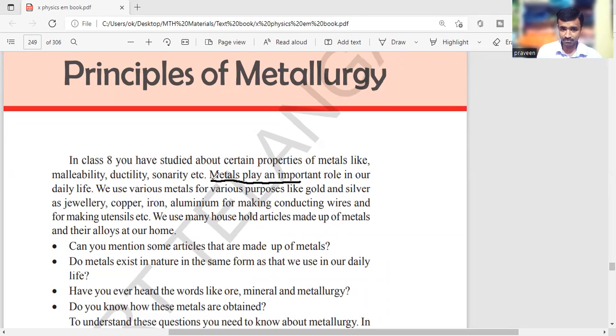Metals play an important role in our day-to-day life. At least in construction, without them, can you construct a building? In social studies, you learned different types of houses, permanent and temporary shelters.